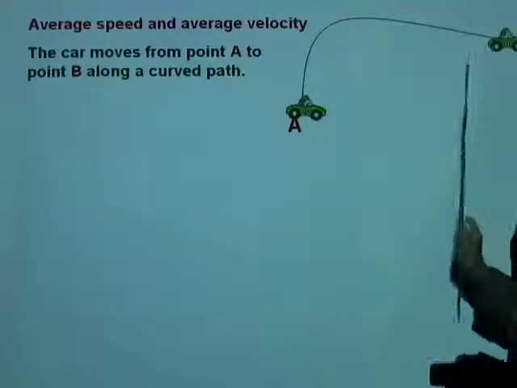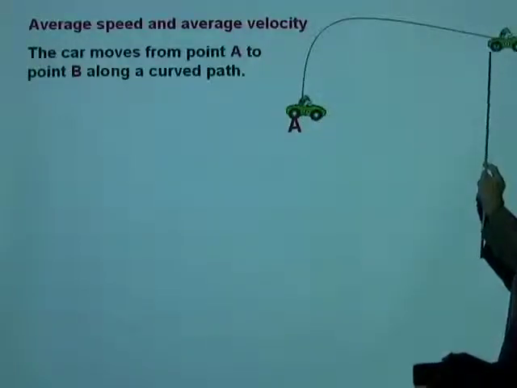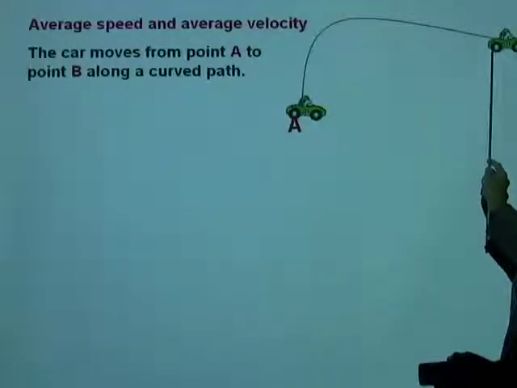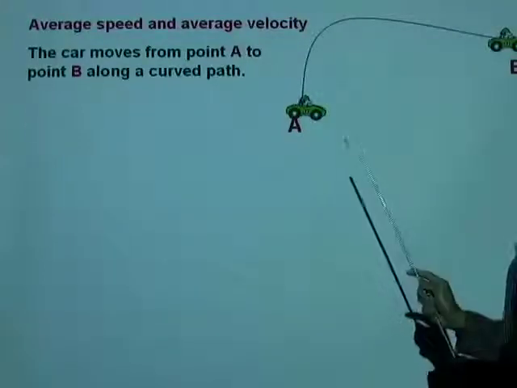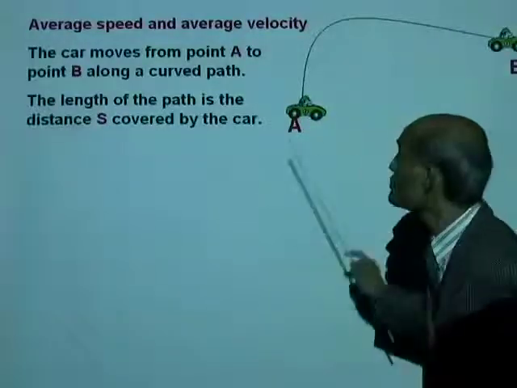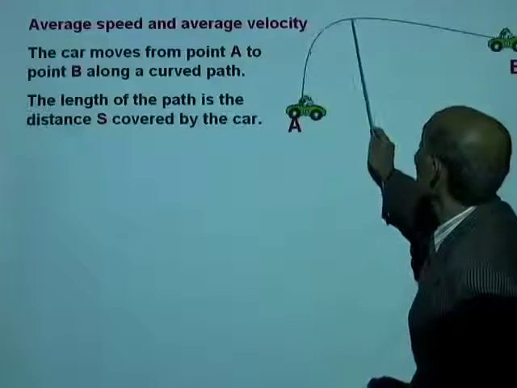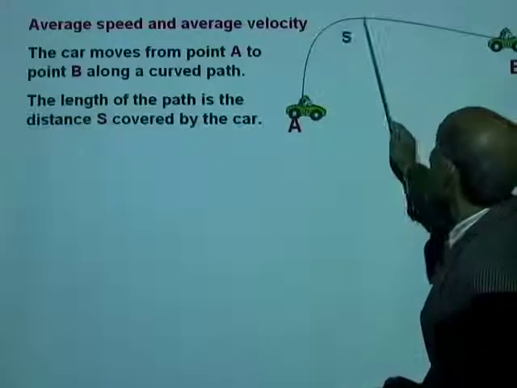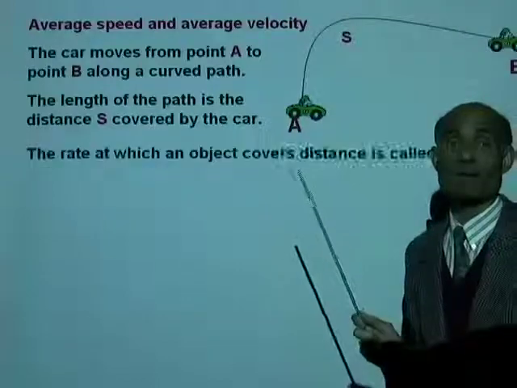The length of the path is the distance covered by the car. Look at that, the car went along this path, and so S is the distance covered by the car.